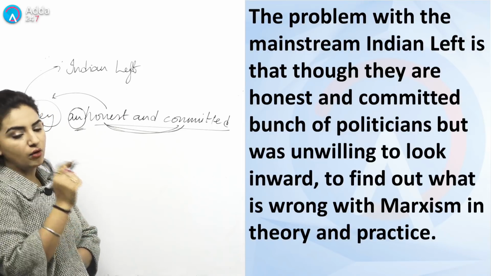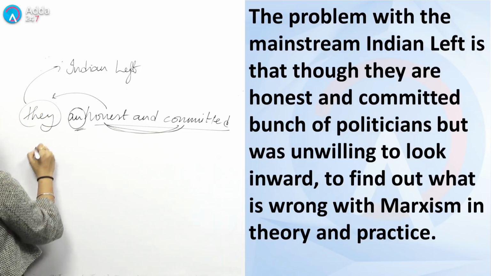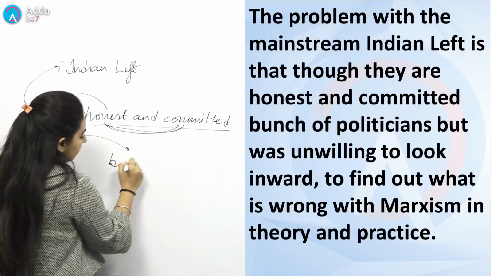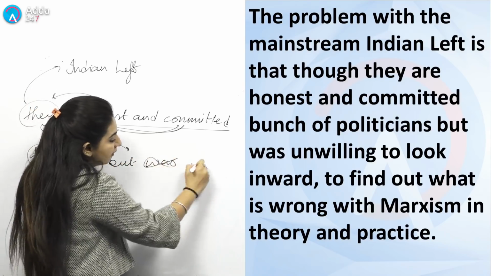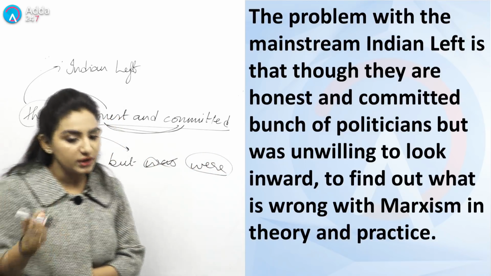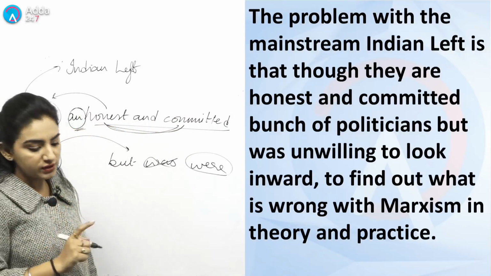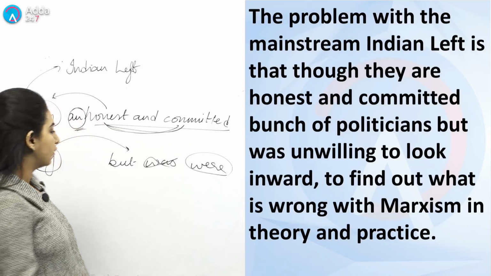But they are an honest and committed bunch of politicians, but they, the they that is used, the according to they. After but, it will not be they was, it will be they were unwilling, right? They were unwilling to look inward to find out what is wrong with Marxism in theory and practice. Tell me, yes. Why use R, change it to past tense?